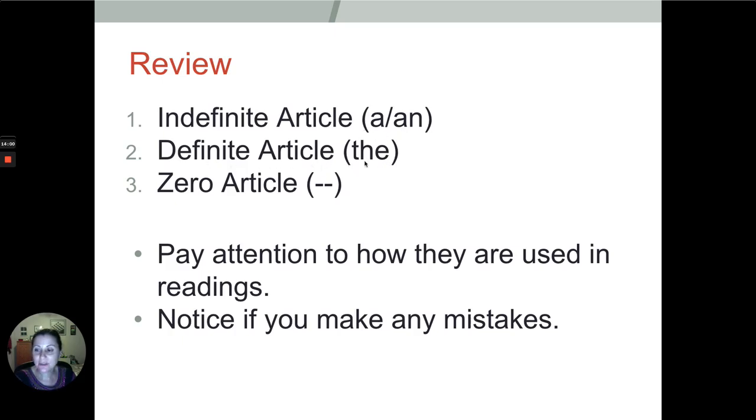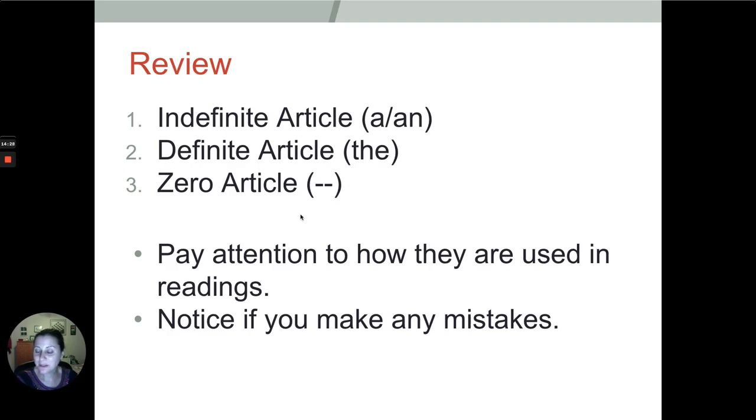The definite article, the, is more definite, it's more specific, and you can use it with both count, non-count, singular, and plural. The zero article, when you have nothing, is used with plural nouns and non-count nouns when you talk about something in general. And we have a lot of expressions that don't require an indefinite or definite article.